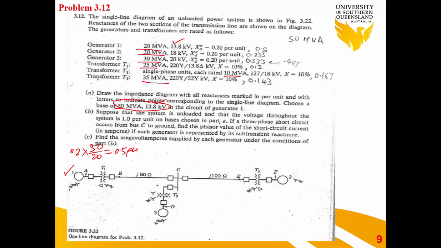That is the concept. I'm not doing the calculations, I'm explaining how it happens. Anything difficult to understand? Then you understand for generator 3, which is also mostly 30 MVA.